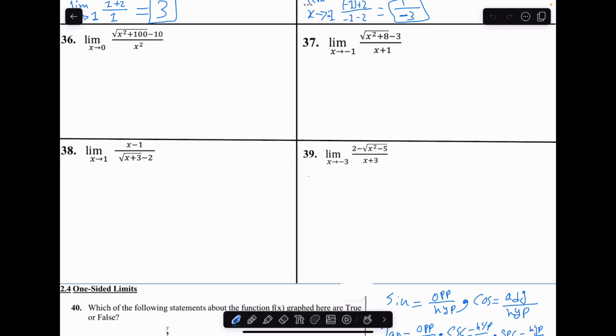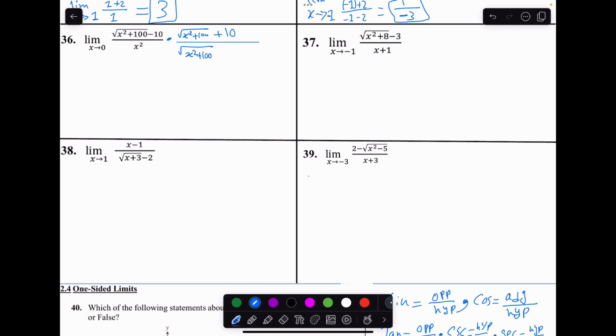In question 36, we will multiply by the conjugate. Square root of x squared plus 100 plus 10 over square root of x squared plus 100 plus 10. When we multiply the two roots together, we will cancel the root.